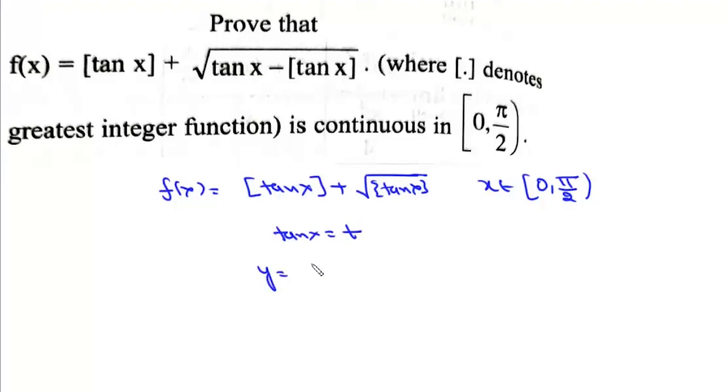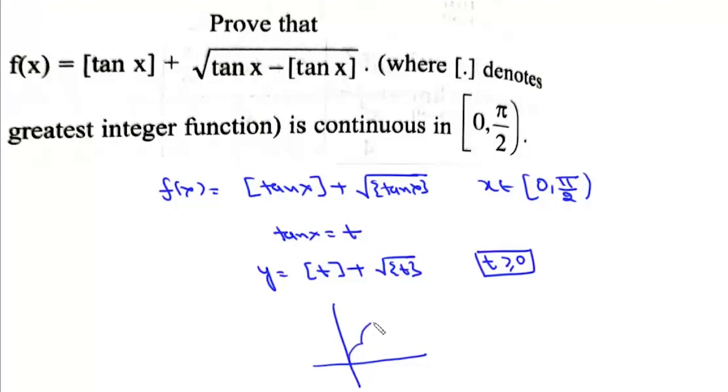So we can write this function as y, the greatest integer function of t plus under root of the fractional part of t, when t is greater than or equal to 0. Now this we have already studied. So by using graph or analytically also, this function is always continuous but not differentiable at integral points. So this is continuous for all t greater than or equal to 0. That means this function is continuous in 0 to pi by 2.